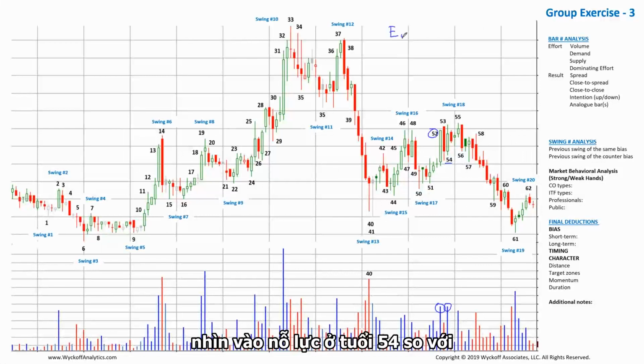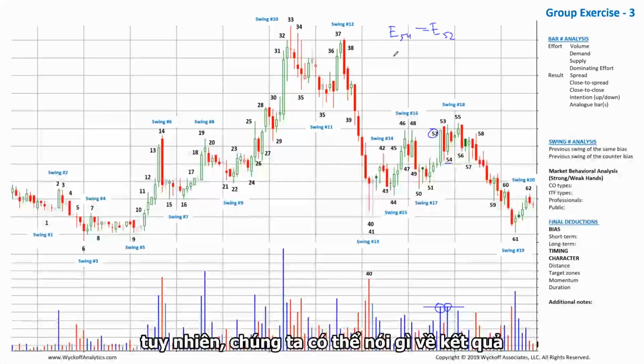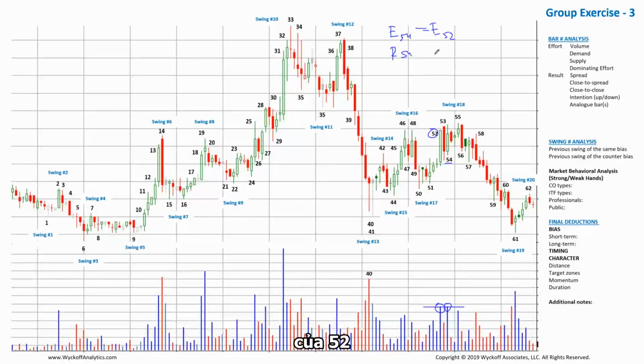So next bar, 54, is a very interesting bar because this is an analogous bar to 52. Look at the effort at 54 in comparison to 52. It's the same. Yet, what could we say about the result of 54 relative to the result at 52?